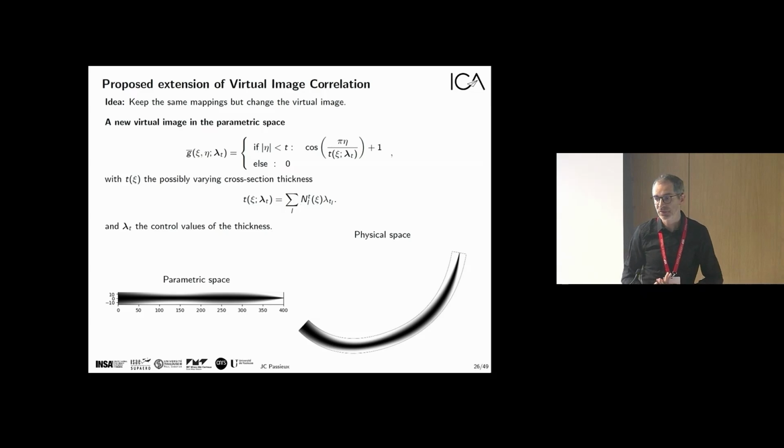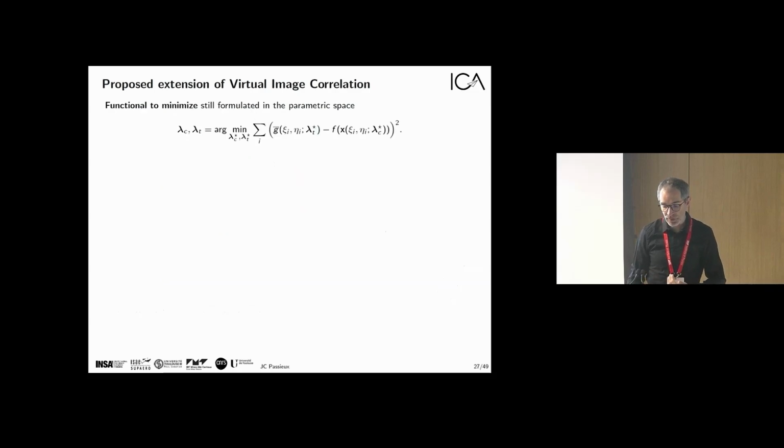So we introduce new lambdas, which are the thickness control parameters, that parameterize the way the thickness evolves in the beam. So we also use splines, and now in addition to the control point positions that modify the center line, we also have new control parameters that parameterize the way the thickness evolves in the beam.